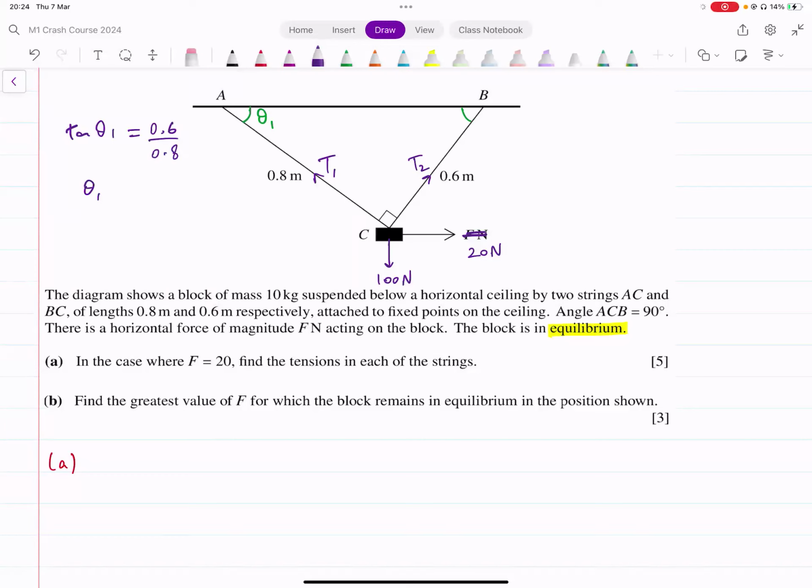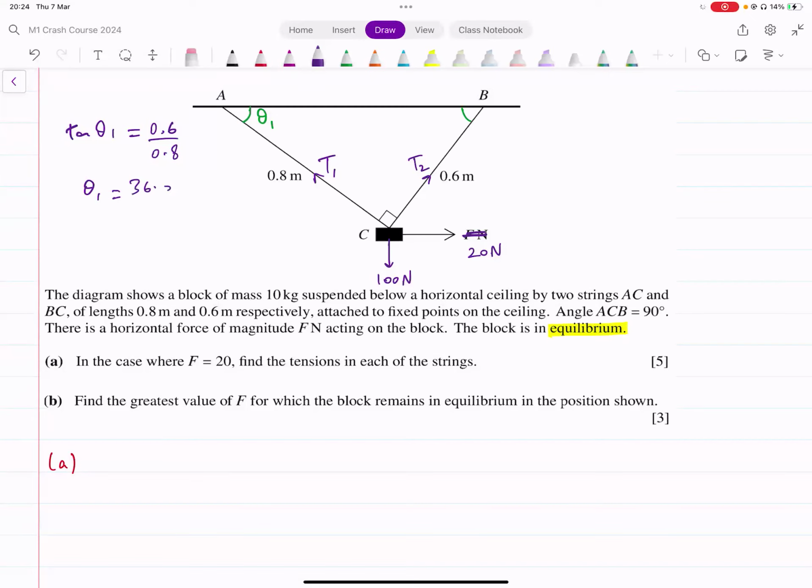And from that, we can find the value of theta1. Can somebody tell me what this value is? Theta1. 36.87. Okay, so that's the first value, 36.87.